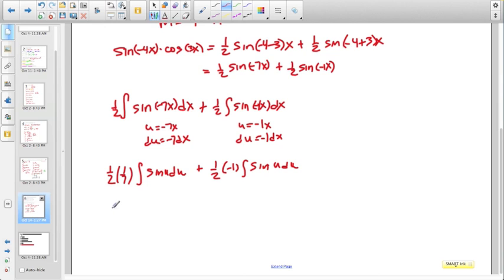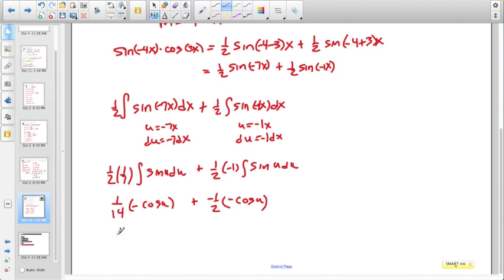And then we can go ahead and integrate this. So we get 1/14, and the integral of sine is then opposite cosine. And then we have a minus 1/2 here, opposite cosine. And just be careful about the u's here. I probably should have used a different variable.